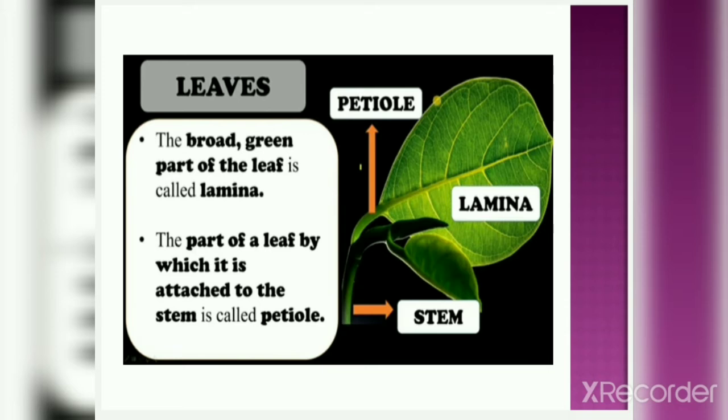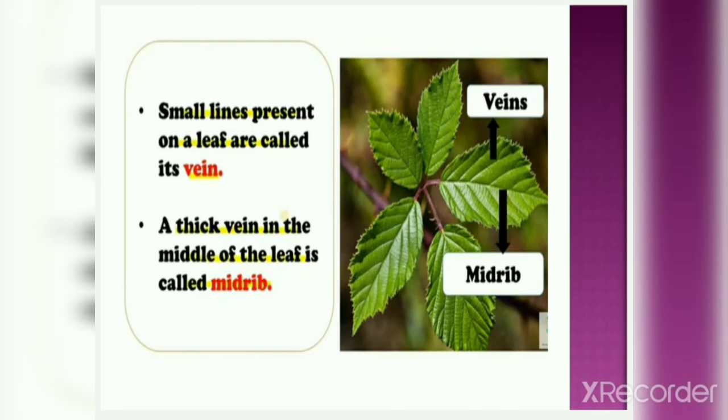The broad green part of the leaf is called the leaf lamina, and the part of a leaf by which it is attached to the stem is called the petiole. Now you will understand the different parts of the leaf. Broad green part is called the leaf lamina, and the part of a leaf by which it is attached to the stem is called the petiole.